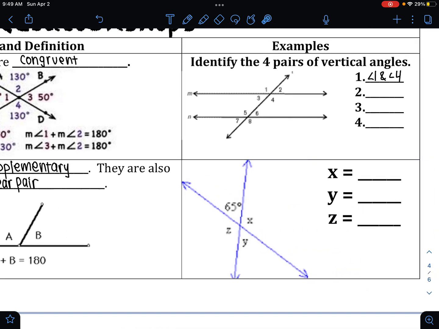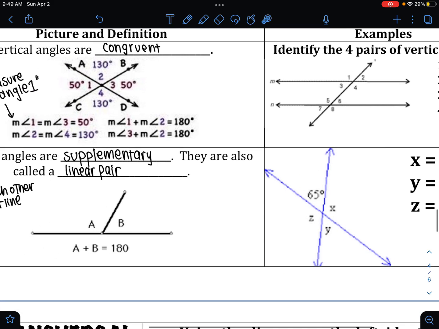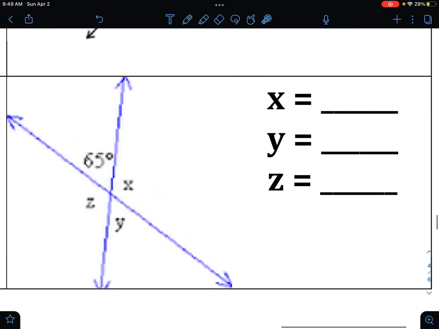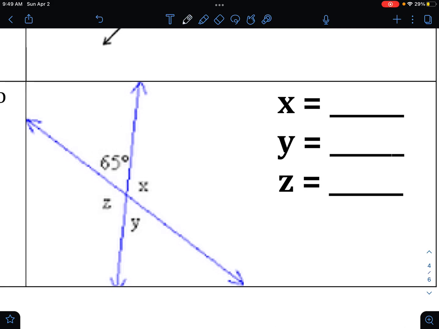Okay, so now it's giving us an example of solving. We know that angles that are in a straight line make 180 degrees. And this wants us to solve for X, Y, and Z. So if we take a look, I want to first look at this line. We only have one angle that is solved for.